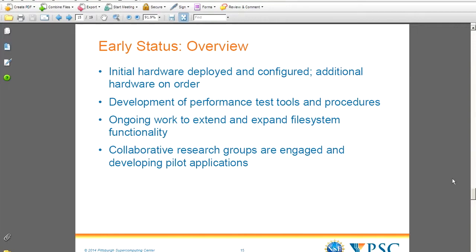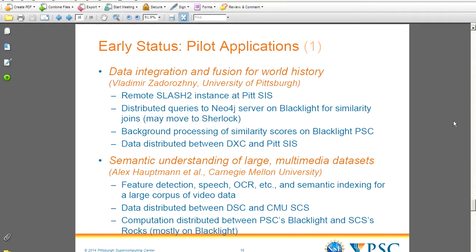Slide 16, please. A very quick overview of where each of these projects stands. The data integration and fusion for world history has been doing very well. They have a remote /2 instance in the School of Information Science that they've been running. They are running their crowdsourcing service in a distributed sense.